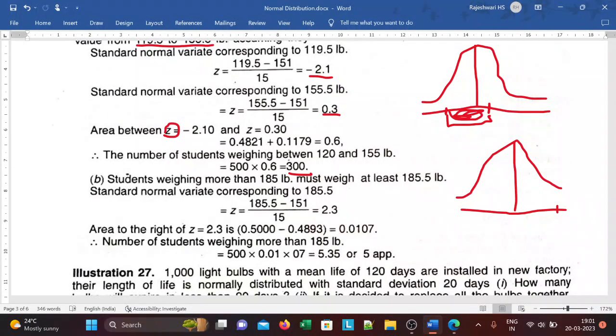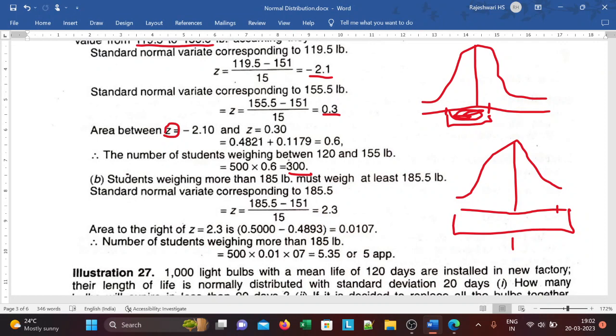But the thing is, remember 50% lies on the left side. The total area covered from this to this is 1, so 0.5 lies on the left side and 0.5 lies on the right side. So 0.5 minus the table value of 2.3, that is 0.4893, the remaining value is 0.0107.